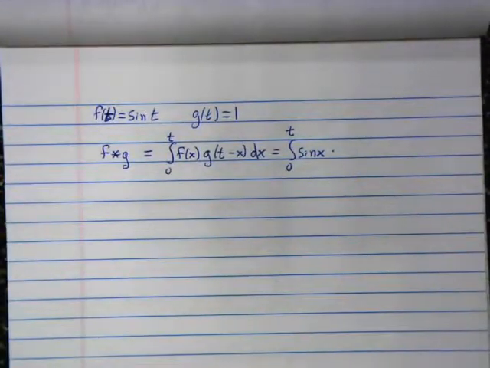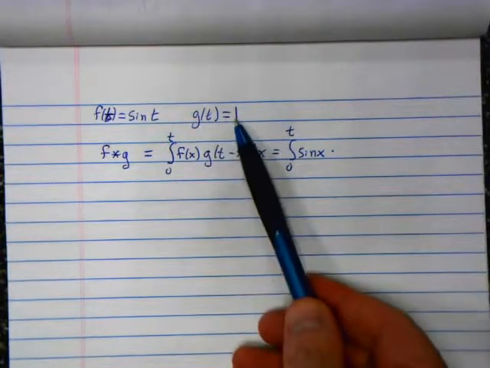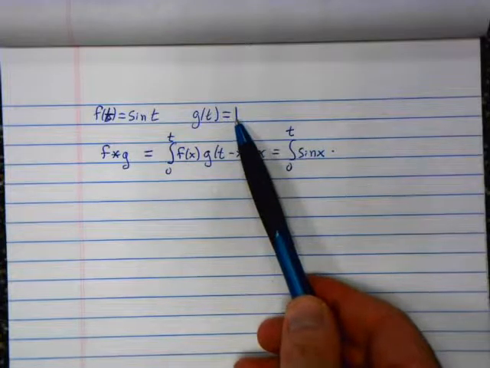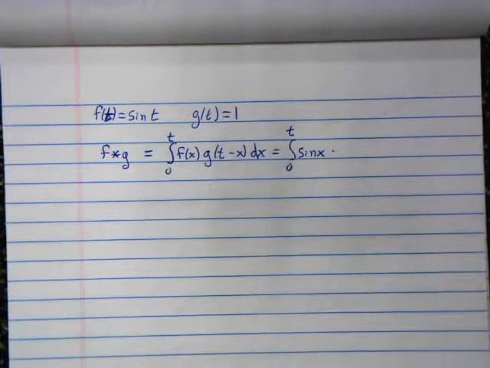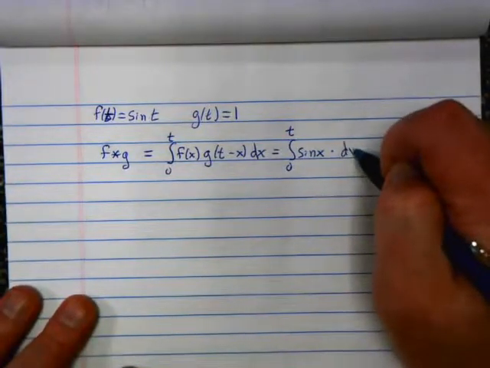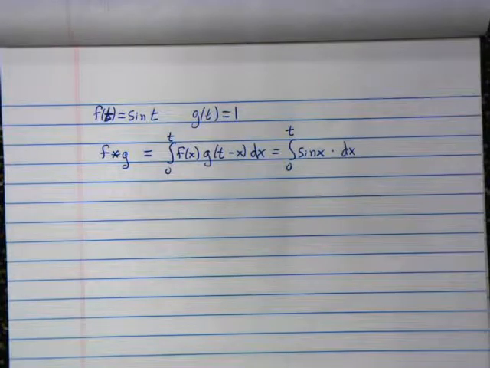Times, what's g of t minus x? Function 1, because g is the function 1. So I picked this function for a reason. Why did I pick this function? Because it's really easy. All I can do is multiply by 1 dx. So this is a very easy convolution to do.